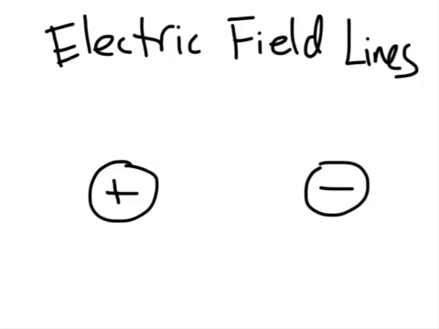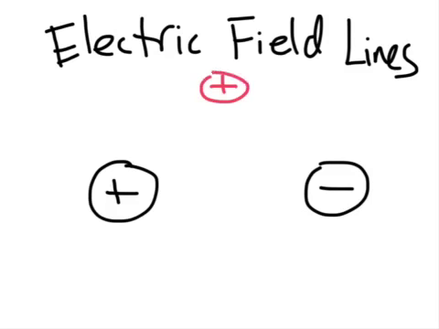Okay. So electric field lines point in the direction that a positive test charge would feel a force. I'll say that again. Electric field lines point in the direction that a positive test charge would experience a force.